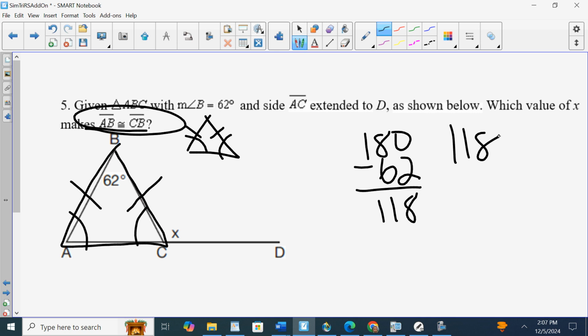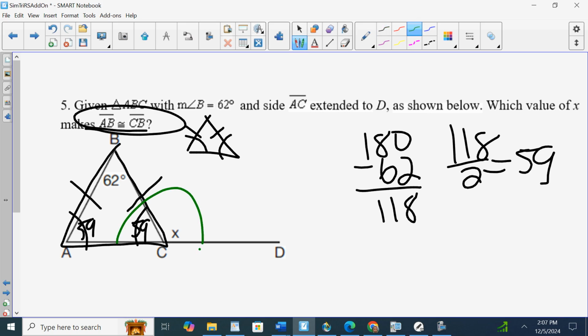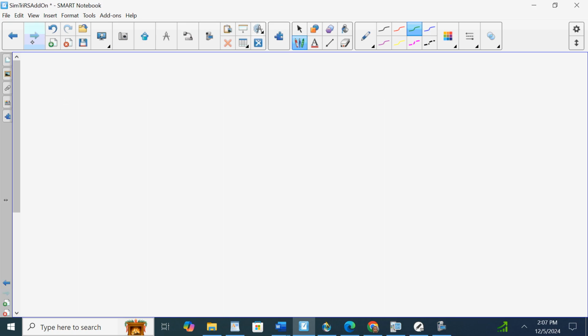I then take that and I divide it by 2. So this is 59 and 59. Now, I've got my linear pair. 180 minus 59 is 121. X is 121. That's it. Everything else is on the other one.